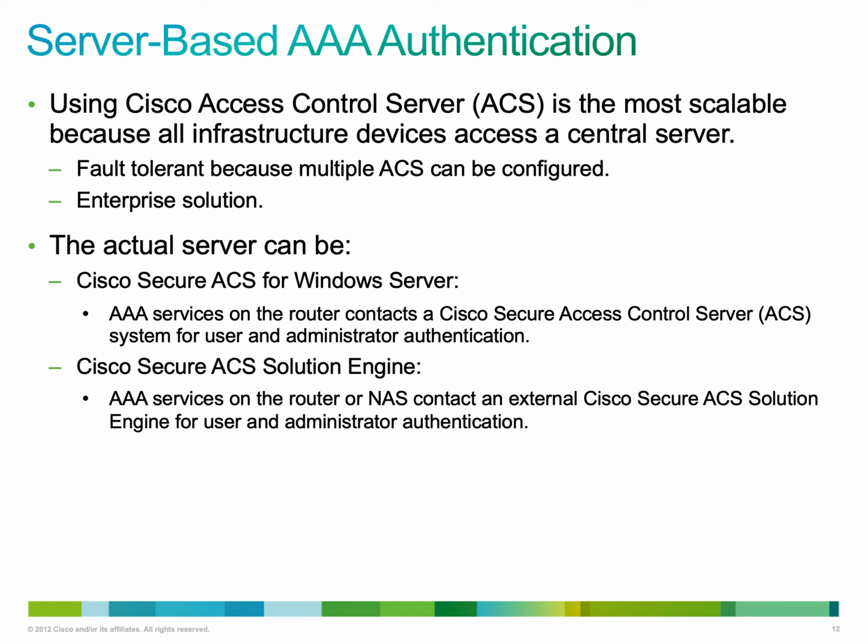Now the actual server can be either a Cisco Secure ACS for Windows Server, or Cisco Secure ACS Solution Engine. So the type of server that is available on a huge network, if you're using a Cisco server in this regard, because in this course we are specifically looking at Cisco networking devices.